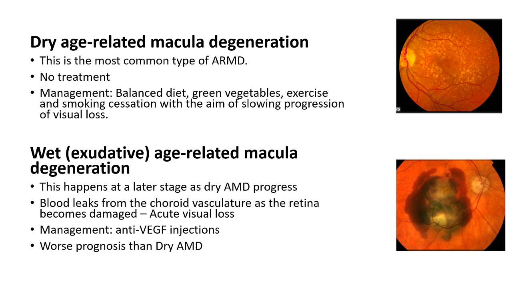The retinal hemorrhage can then lead to acute visual loss rather than the slow, gradual, and progressive visual loss of dry AMD. Hemorrhage can be inhibited with anti-VEGF injections. However, wet AMD has a worse prognosis than dry AMD, and central vision will eventually still be lost.